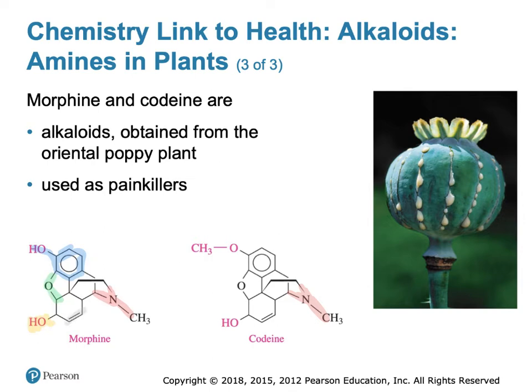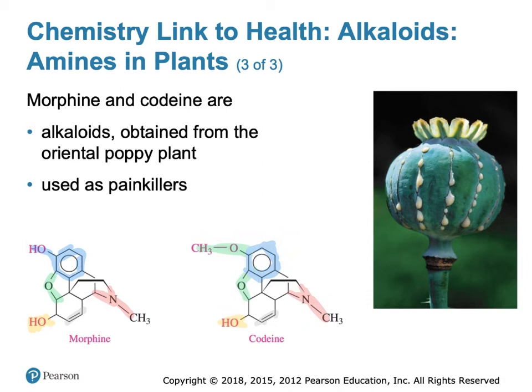All right, let's look at codeine. In codeine, I'm going to highlight the ether in green. There's another ether here. We have an OH group, and we have an alkene, right? And then last, we also have an aromatic, right?